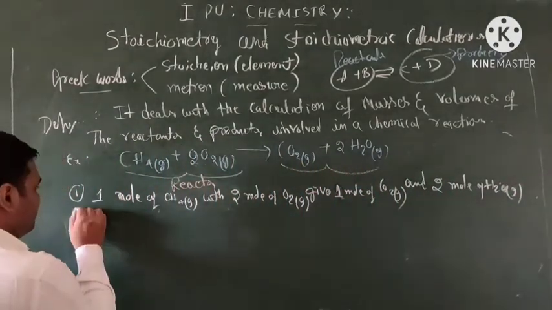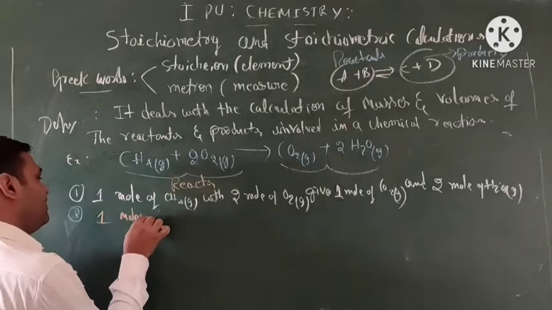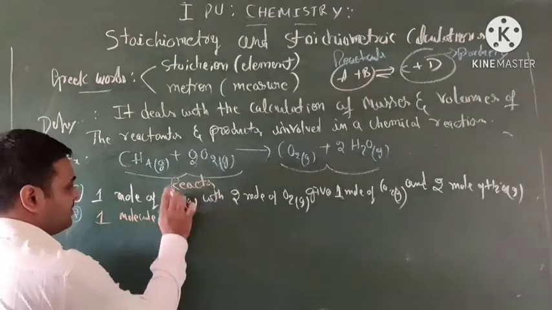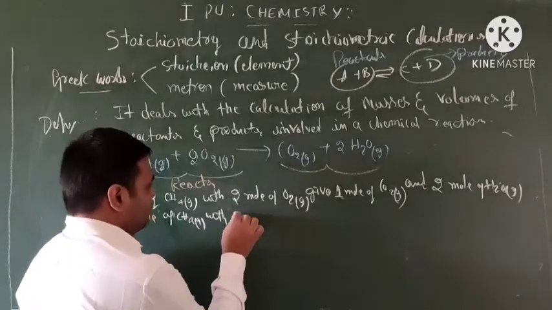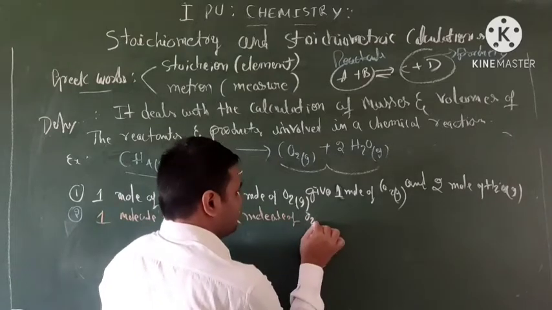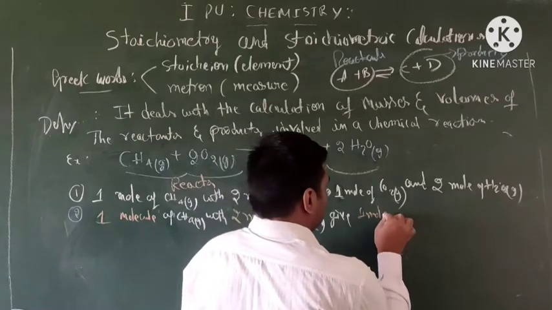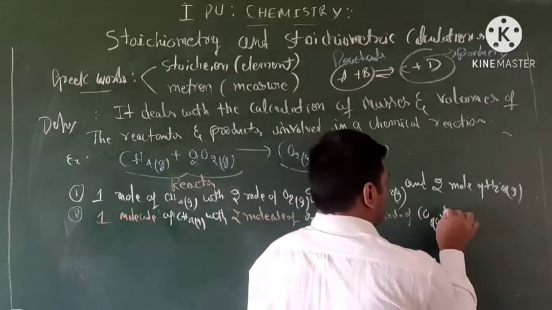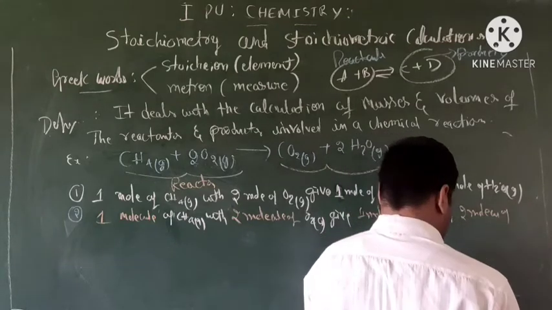Now write it in the concept of molecules. 1 molecule of gaseous methane with 2 molecules of oxygen gives 1 molecule of carbon dioxide and 2 molecules of water.